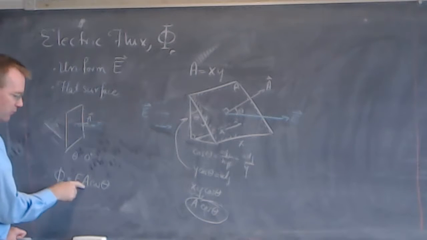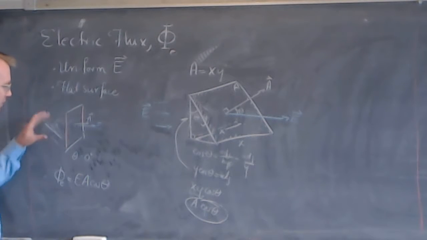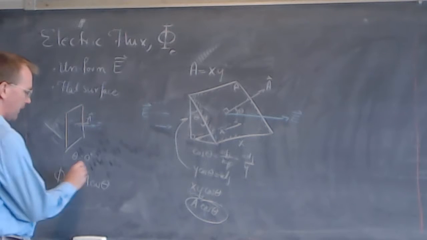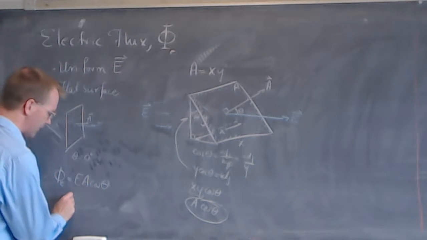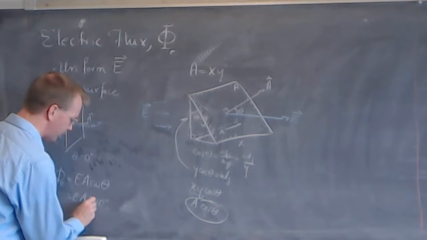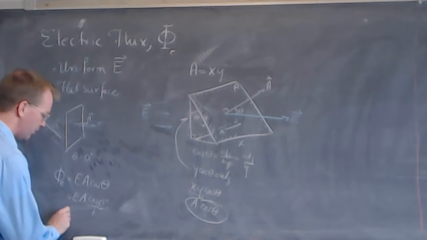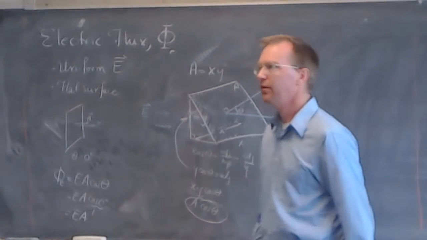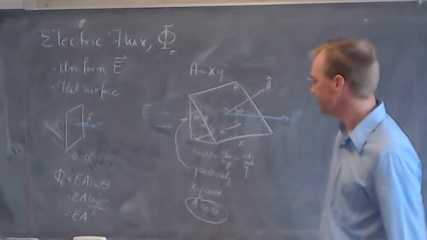E is the electric field. A cosine theta is the area of the surface that it sees. And since theta is 0 degrees, E A cosine of 0 degrees, that's 1. And in the perpendicular case, that flux is just E A.